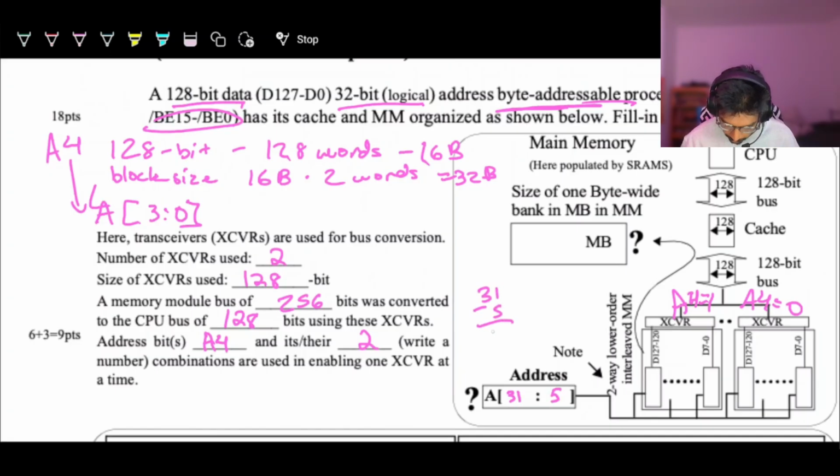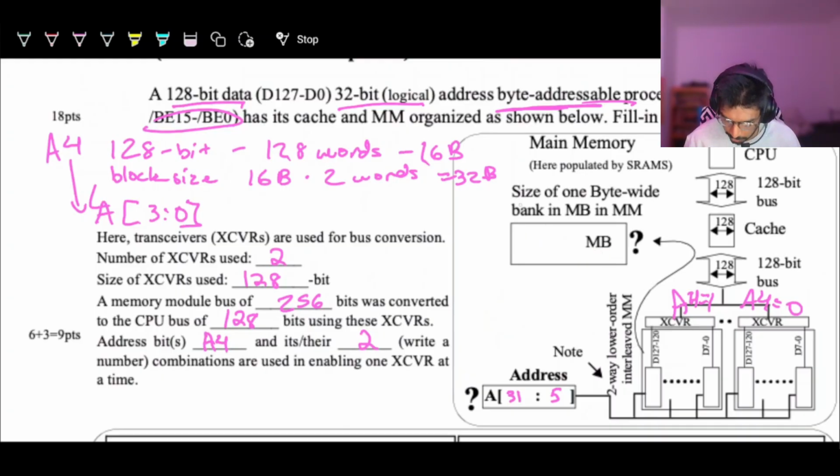And that's 27 bits. So that means this is 2 to the 10 bits, or 2 to the 20, m is 20, k is 10, and then so that means we have 2 to the 7, 2 to the 7 MB in a single byte wide bank.